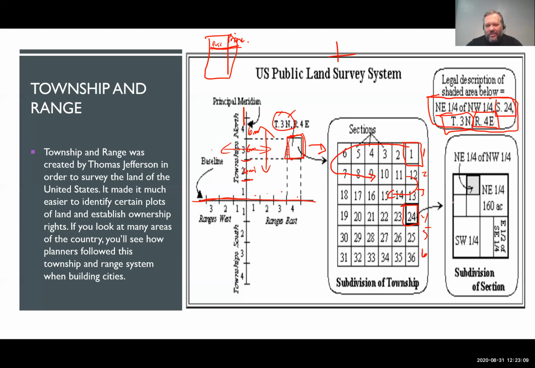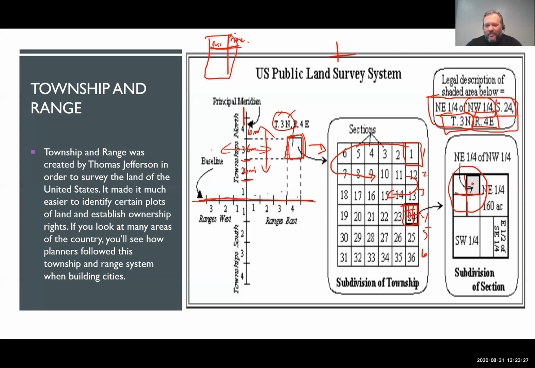Again, these are still a square mile. They take these boxes and break them up into quarters like this. Now we'd say this is the northwest quarter, so that's up here. And then they break that up into quarters like they did here.